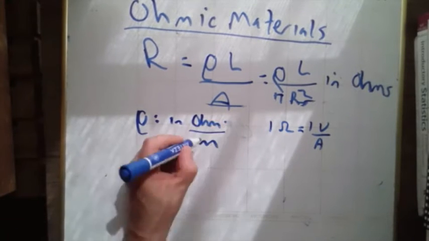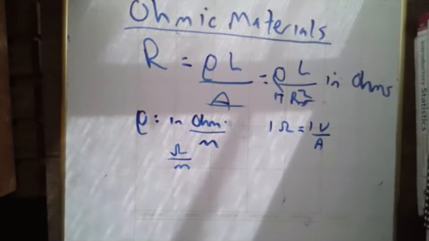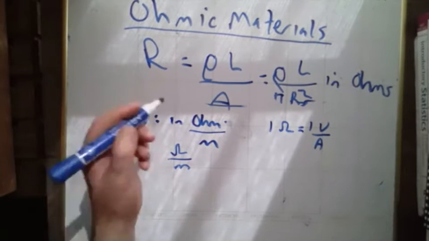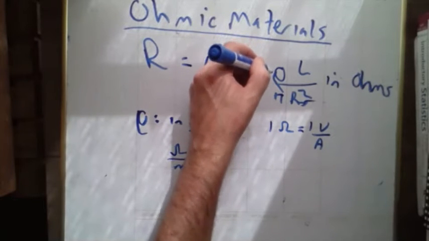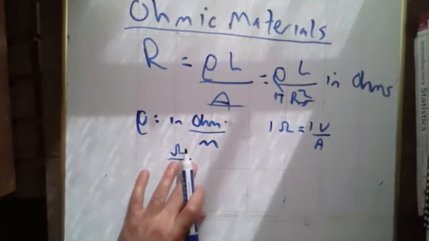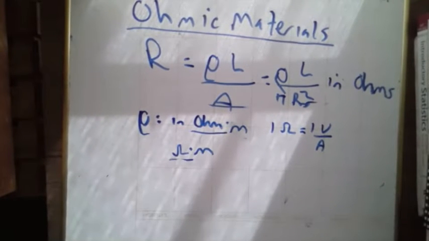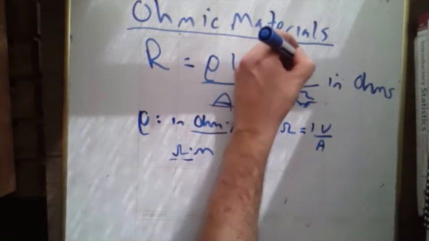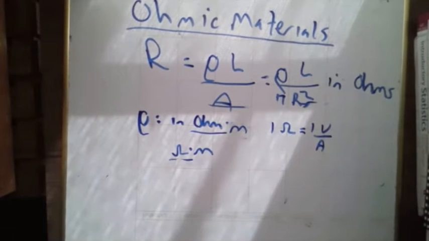Resistivity, I think, is ohm meters. Yeah, ohm meters. I always want to put that in the wrong place. Ohms times meters, times another meter divided by meters squared, we just get ohms.